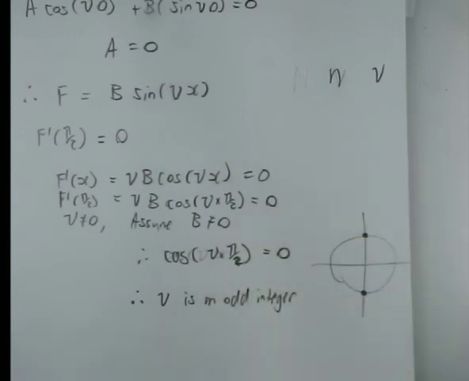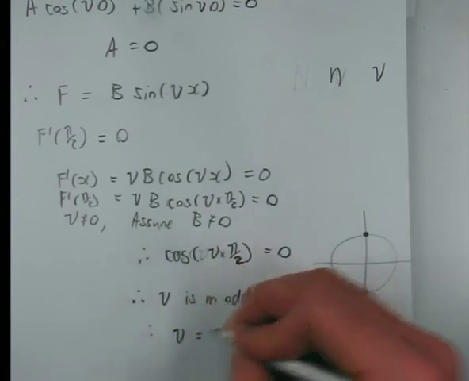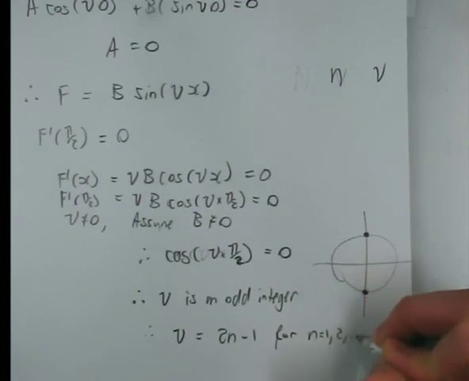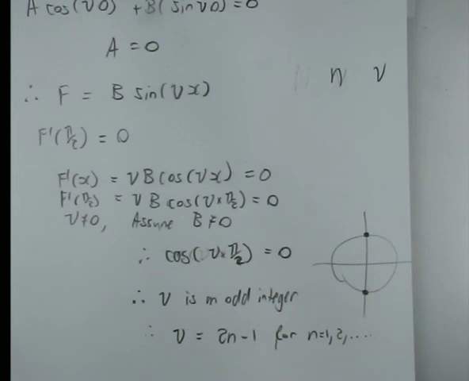And the odd integers are 2n minus 1 for some n. So therefore nu is 2n minus 1 for n equals 1, 2, etc. We don't have to worry about the negative ones because we're going to square it anyway. Remember the k was minus nu squared, so the negative ones don't matter.